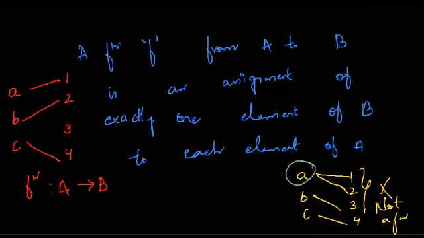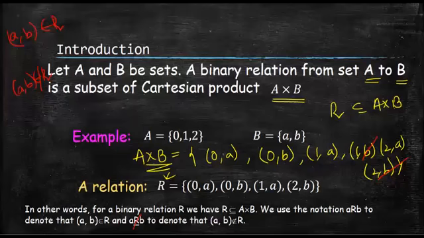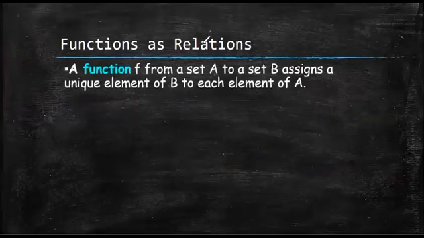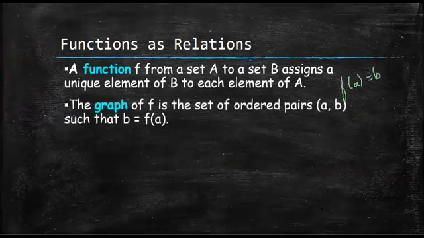Now, we are supposed to study the topic functions as relations. A function f from set A to set B assigns a unique element of B to each element of A. We denote it by writing f(a) = b. The graph of f is the set of ordered pairs (a, b) such that f(a) = b.